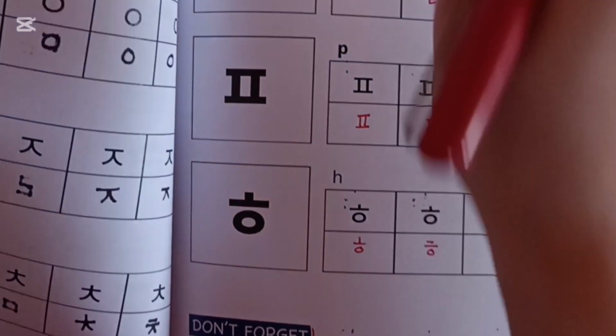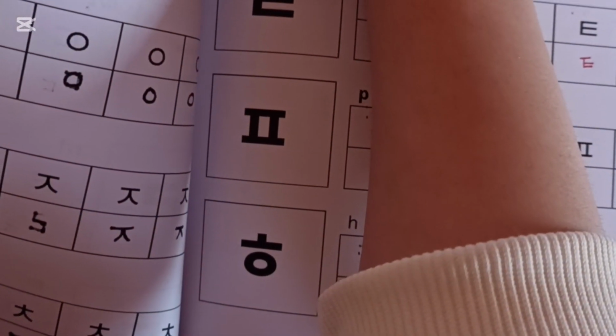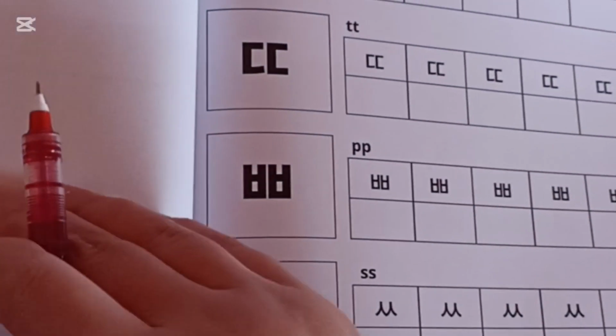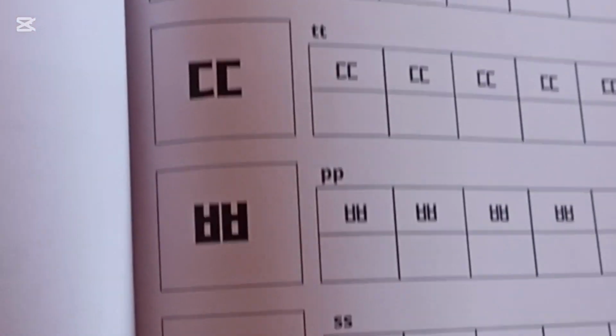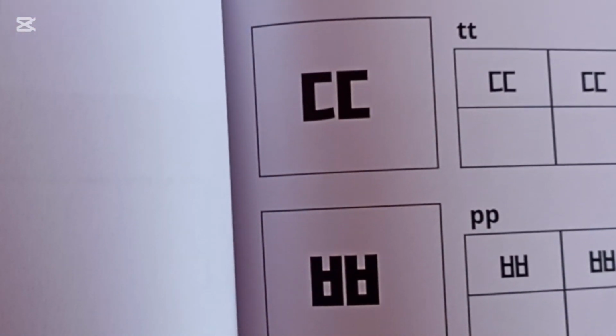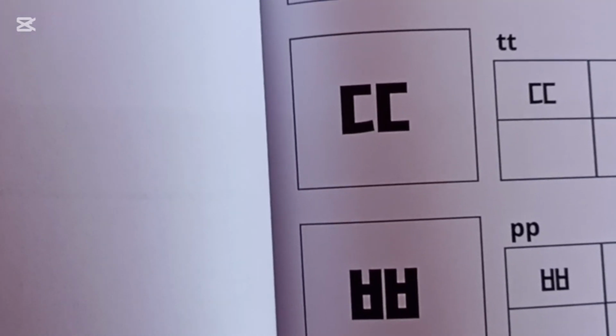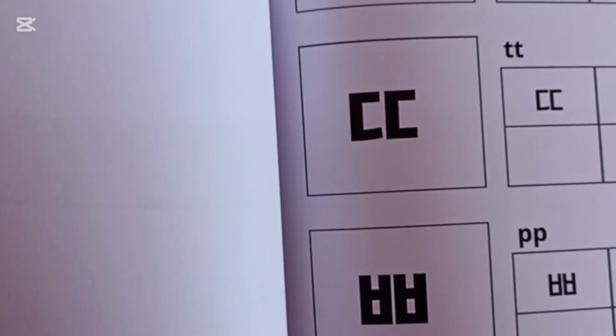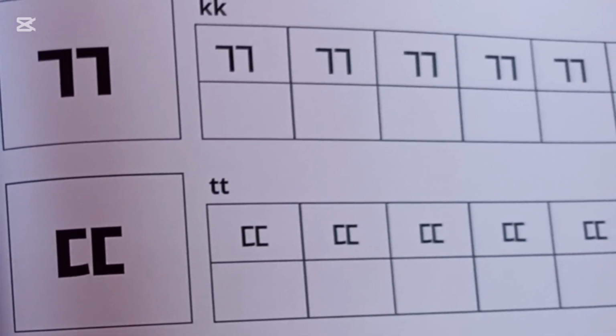Let's move to the double ones. Double consonants have stronger sounds. They are a combination of the same basic consonant written twice, so the sound comes out stronger.